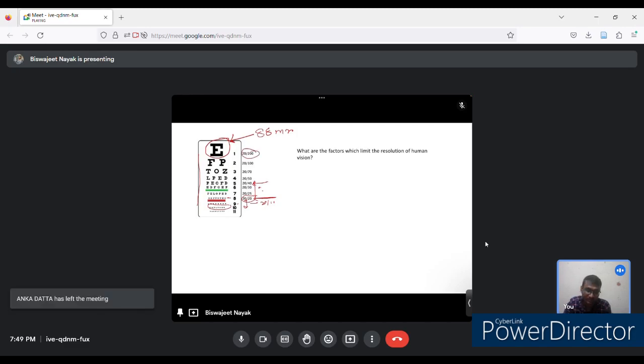With some aid or help, we will be able to see this. The doctor recommends this value for a person to be legally blind, if he cannot see this big value. So what are the factors which limit the resolution of human vision? As discussed in the text also, diffraction is always told as the limit of resolution.